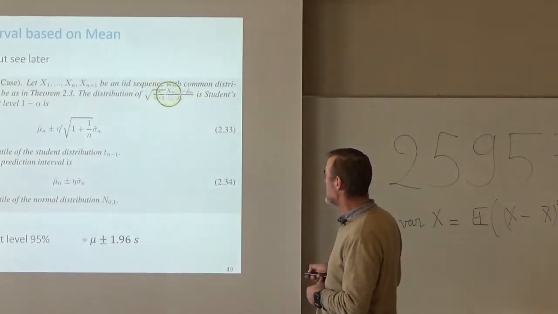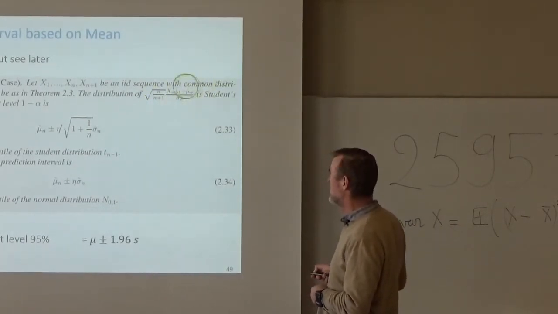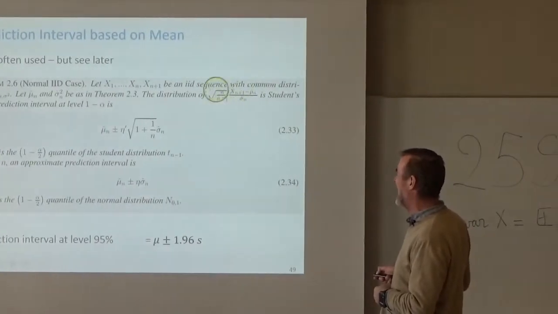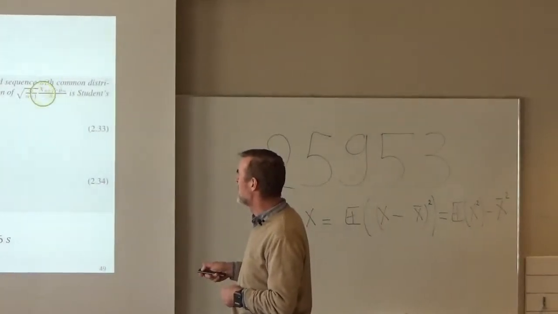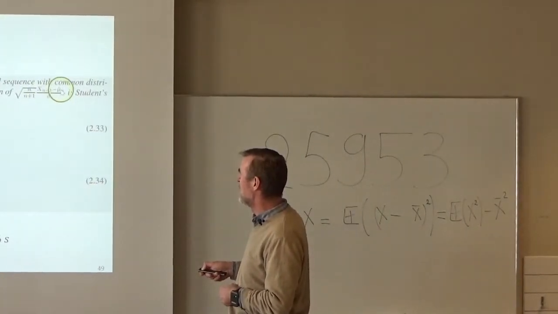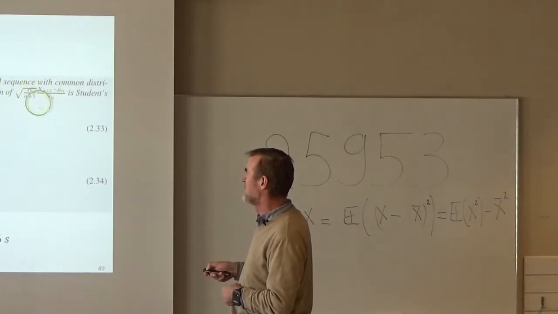What this theorem says is that if I replace by the estimated value, I still have a pivot. I have again a Student distribution. Therefore, I can say something about x n plus 1. I've measured mu n hat from my n data points, x n plus 1 is completely unknown, but I know the distribution of this.